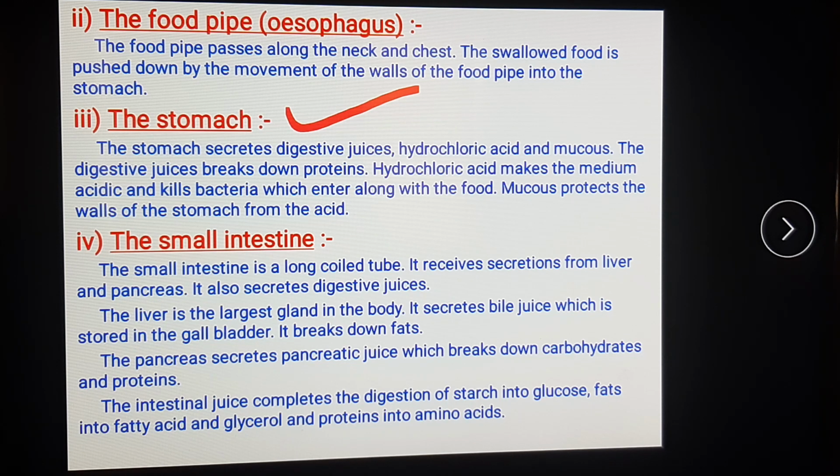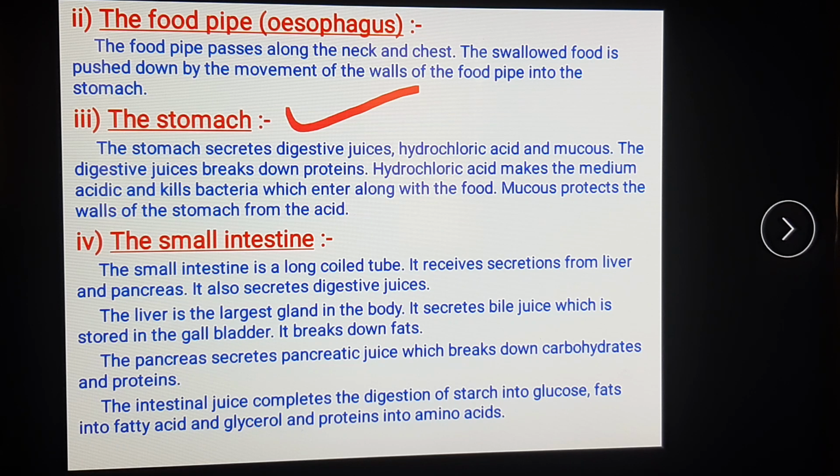Now here, when the stomach secretes digestive juices, the food gets digested partially, because the digestive juice helps to break down proteins. Then the hydrochloric acid is also secreted in the stomach, so that acid makes the medium acidic.